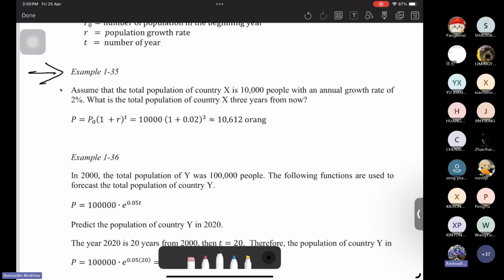Let's say today our number of people is 10,000. But we have the information that every year the total population will grow by 2%.